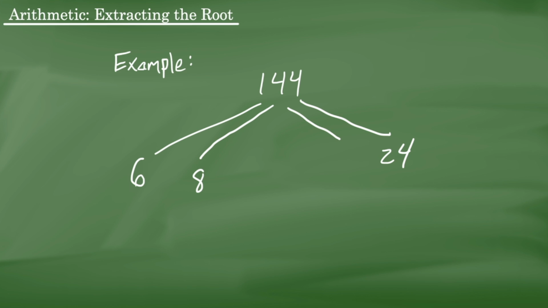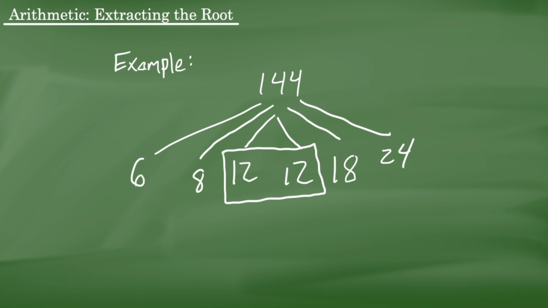What do we get? 18. Getting closer. If we divide by 12, we get 12. We found a repeating number, which means that this can be x, and this can be x, and x can equal x. Therefore, 12 times 12 must equal 144.